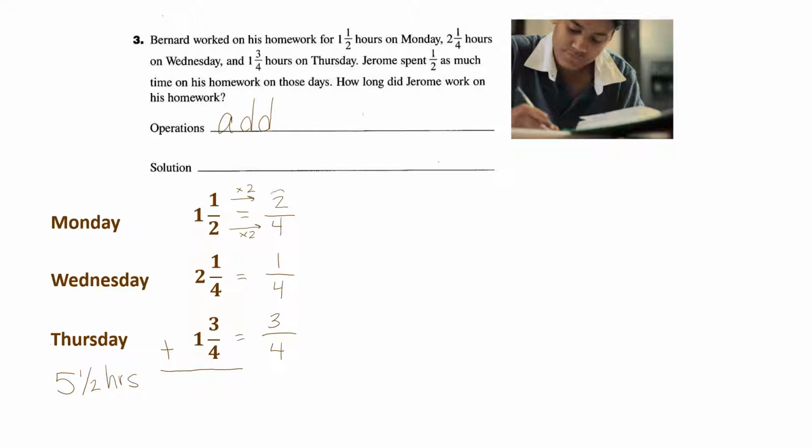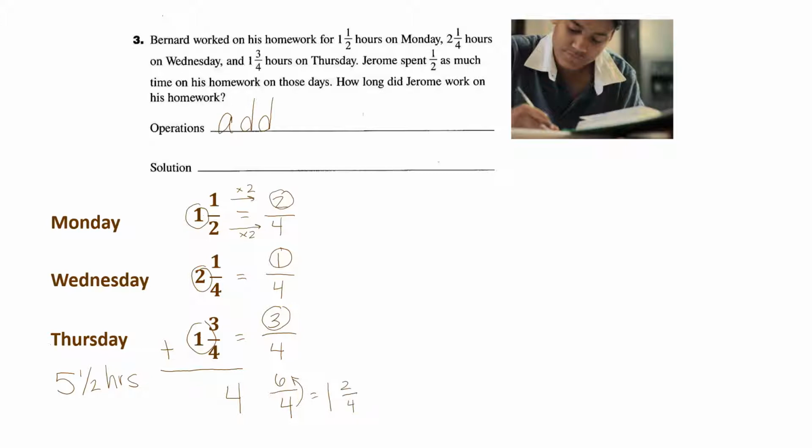2 plus 1 plus 3 is 6, so that's 6/4. And 1 plus 2 plus 1 is 4. Now 4 can go into 6 one time with 2 left over.